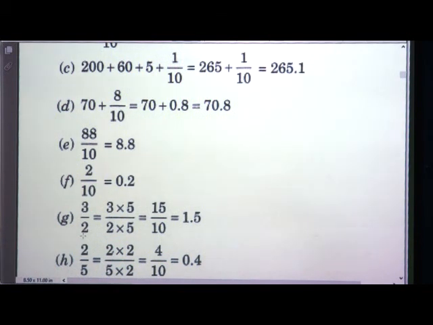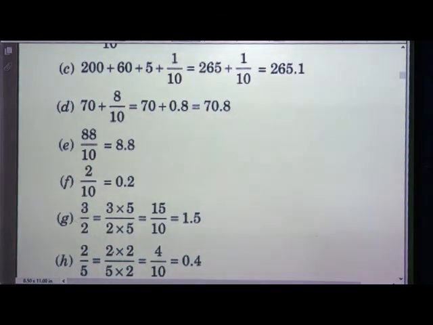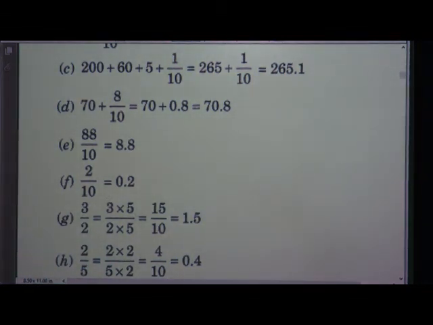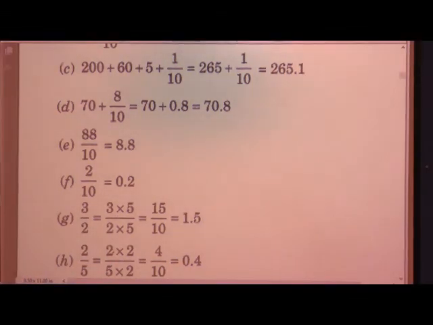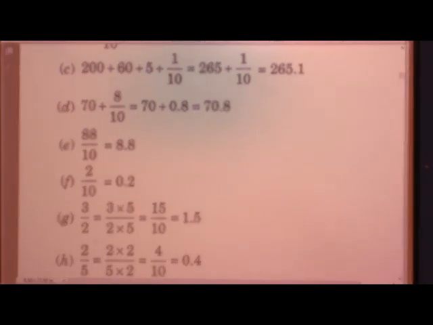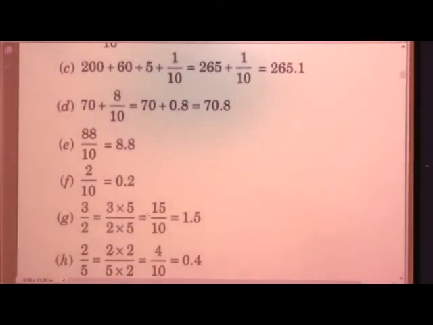Next 3 by 2, we do not have 10 in the denominator's place, so we need to find the equivalent fraction. So we multiply by 5, 3 fives are 15, 2 fives are 10. So 15 upon 10, so we have 1.5 as the decimal.